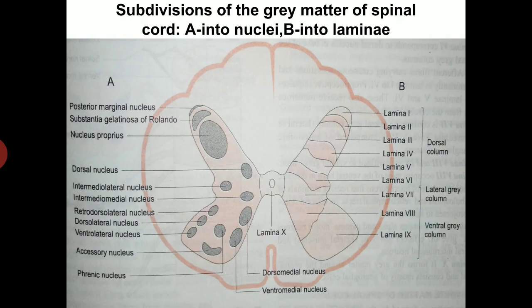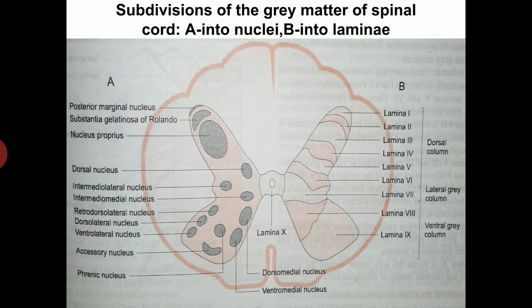Now, subdivision of the gray matter of the spinal cord into nuclei and into laminae. So there are various nuclei present in gray matter, like the posterior marginal nucleus, substantia gelatinosa of Rolando, nucleus proprius.